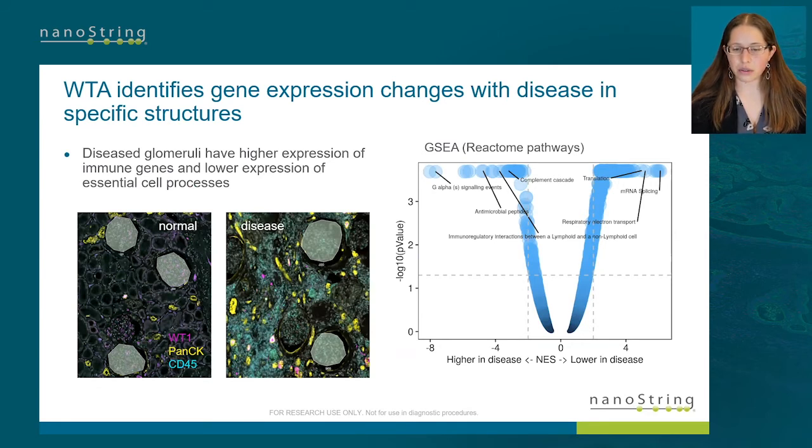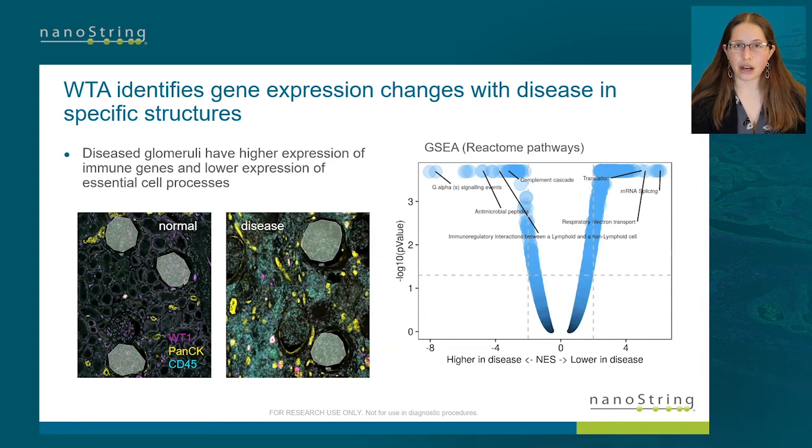And what you can see is that immune-related genes, such as complement, are highly upregulated in disease, which is really not surprising to us at all because, as I've said, immune infiltration and inflammation is a hallmark of diabetic kidney disease. And you can actually see that in these images here, where CD45 is marking immune cells. You can just see there's a lot more CD45 in the diseased samples.